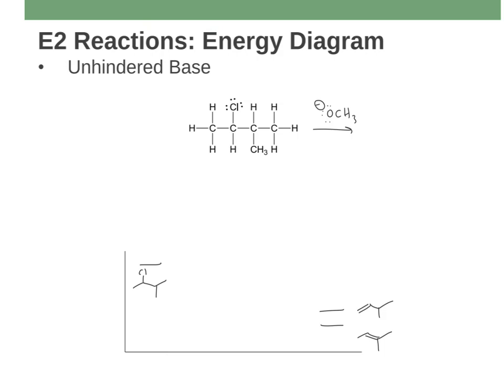If I have the methoxide attack the less substituted one, that's going to get me to this less substituted alkene. If I have it attack the more substituted one, then I'm going to get to the more stable alkene.